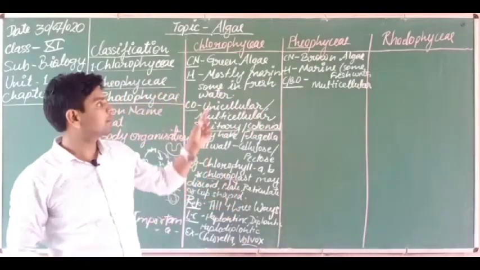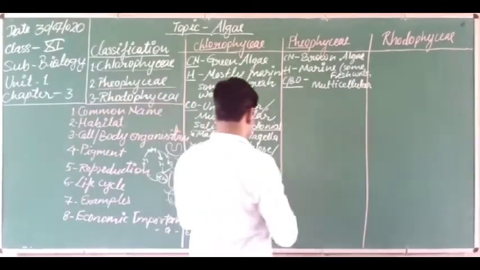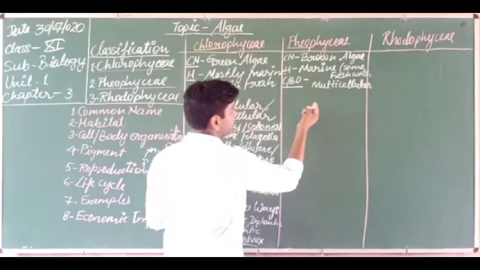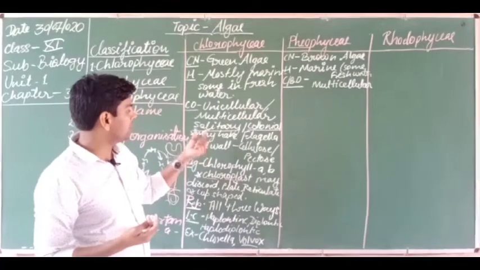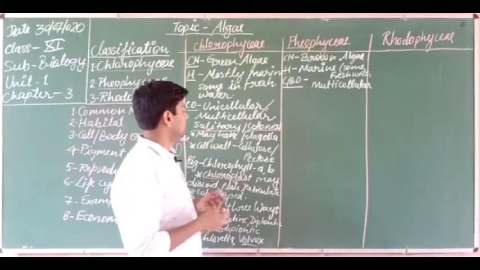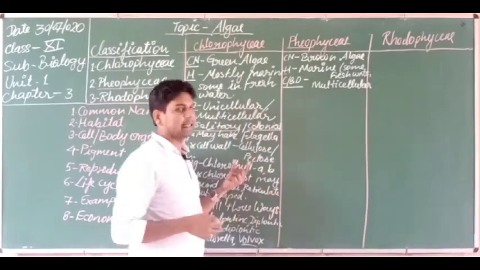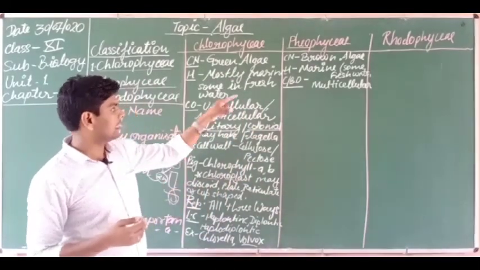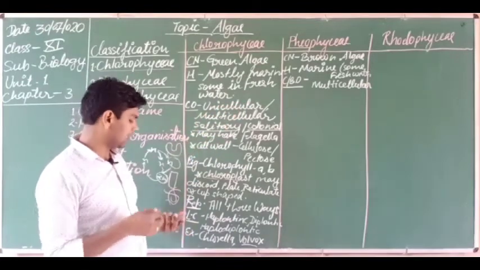Multicellular algae are present in this category. Since they are multicellular, they remain solitary, singly they can remain. Next, many have flagella, but here flagella are absent because the plant body is developed a little bit, because they are multicellular, that is why they don't have flagella.